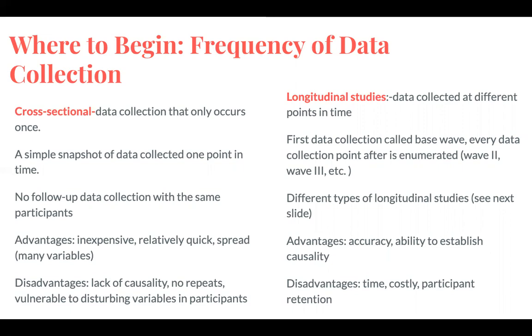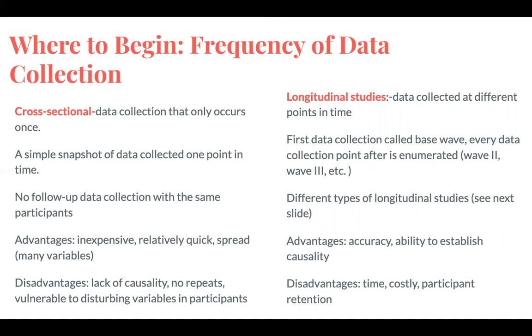Now, you can collect similar data from different groups of people, multiple times, over a time period. But because you're collecting them from different people that have no real relationship with one another, like they're not in the same cohort, each time you collected that data, it would still be called cross-sectional data.